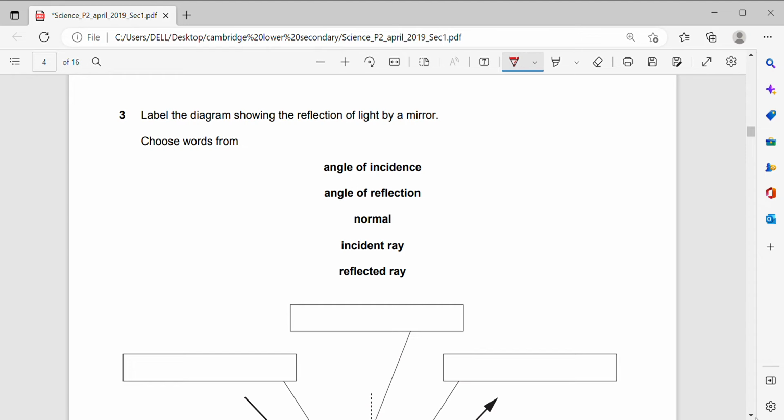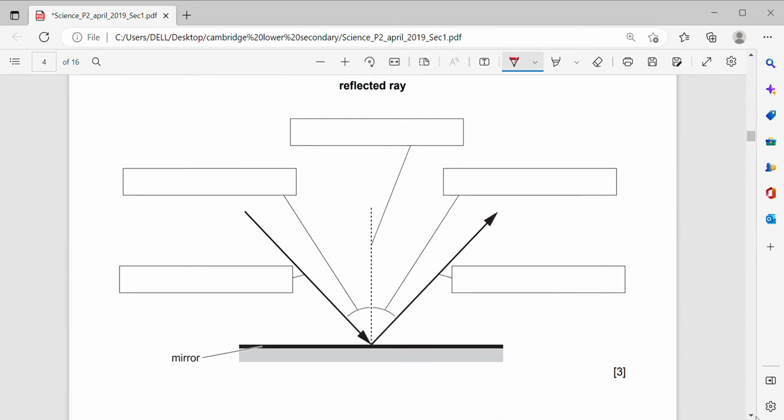Choose words from angle of incidence, angle of reflection, normal, incident ray, and reflected ray. نبص للدروينج. عندي هنا mirror وعندي different rays. طيب. أول حاجة هنا عندي إيه؟ أول حاجة عندي اللي في النص ده الإيه؟ ده النورمال. صح؟ مظبوط. طيب فين هنا incident ray وفين reflected ray؟ اللي نازل ده incident واللي طالع reflected. يبقى ده incident ray والتاني ده اللي طالع reflected ray.